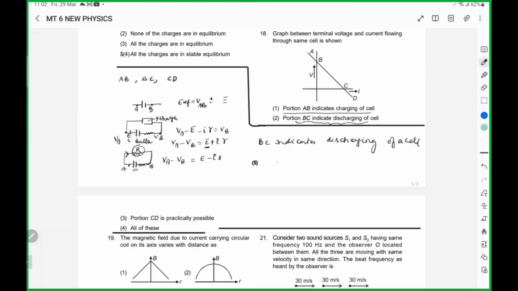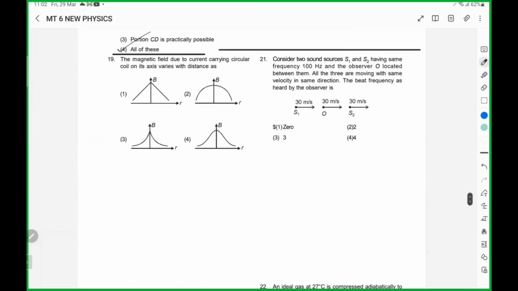This is possible when the battery is damaged. A dead battery gets negative polarity. So option 4 is correct.